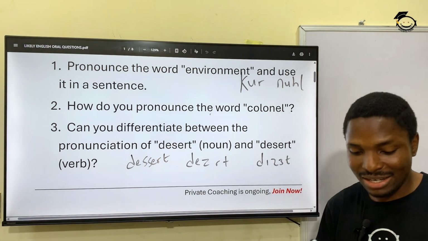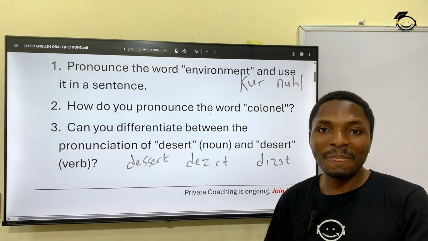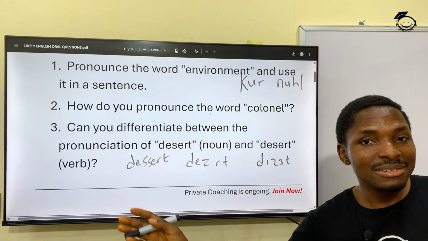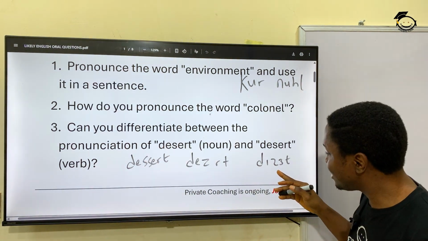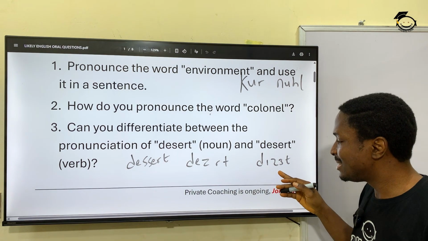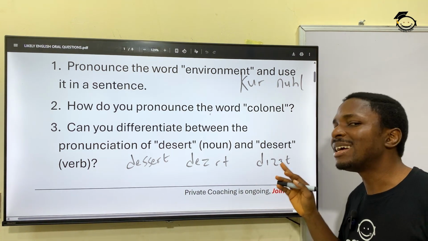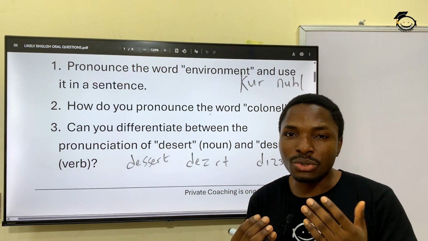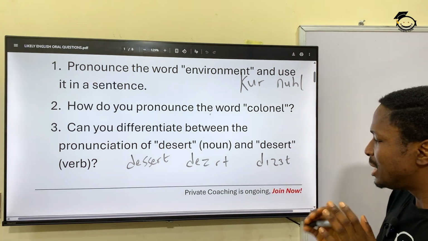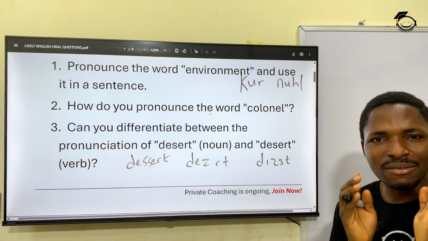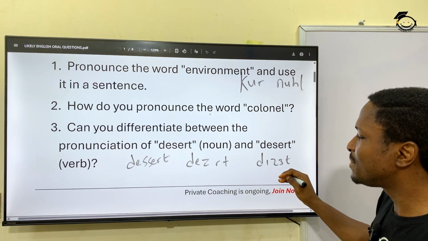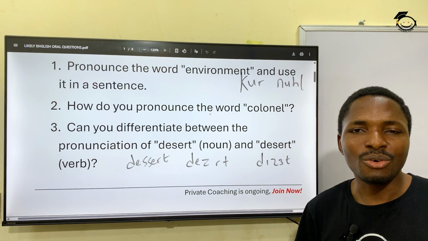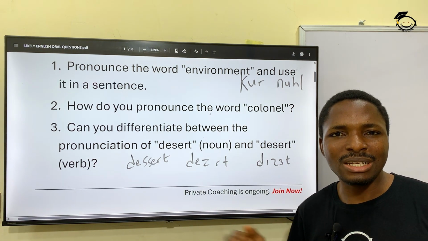So you have desert, a place. You have dessert. You see, these sounds can play tricks on you, so you really need to understand it and focus. So desert, the verb, means to leave there.